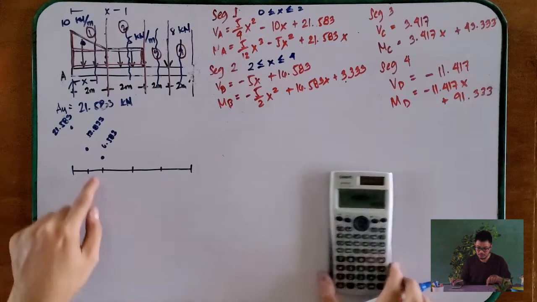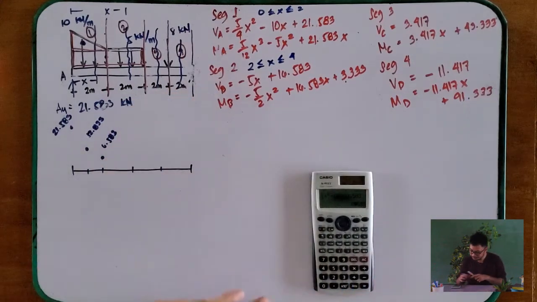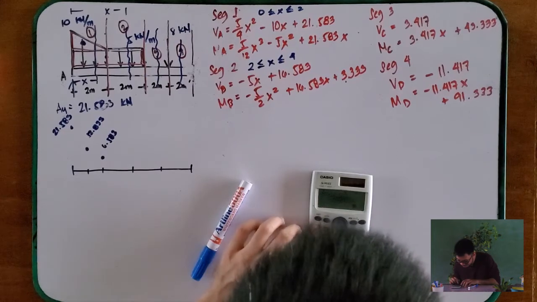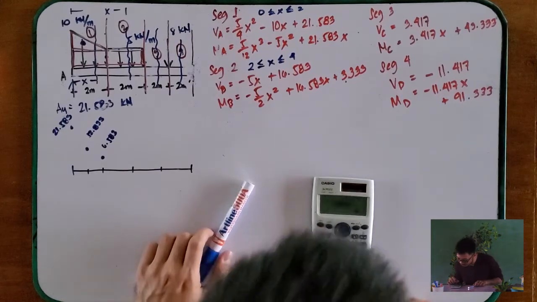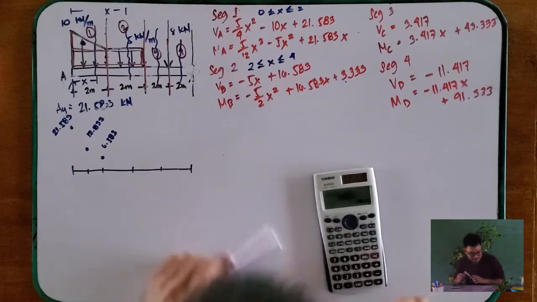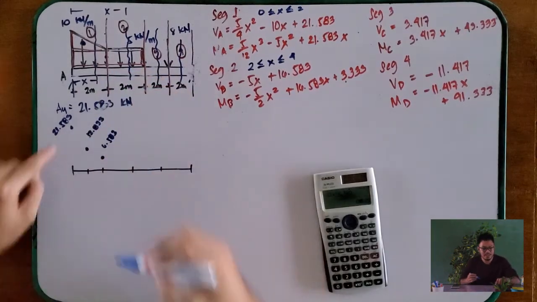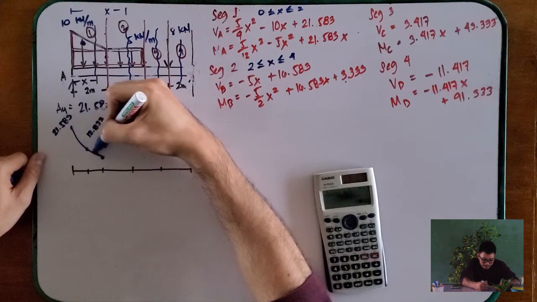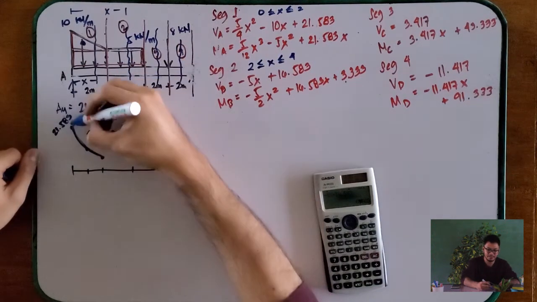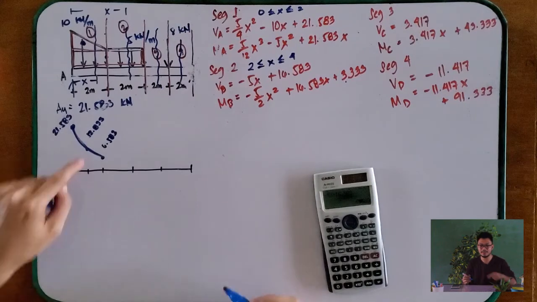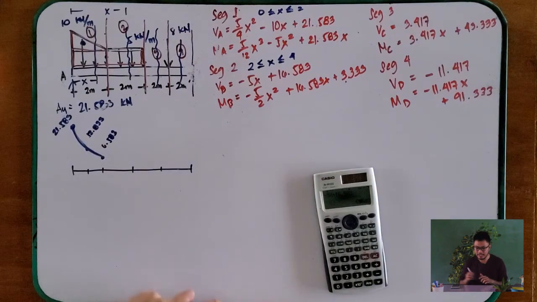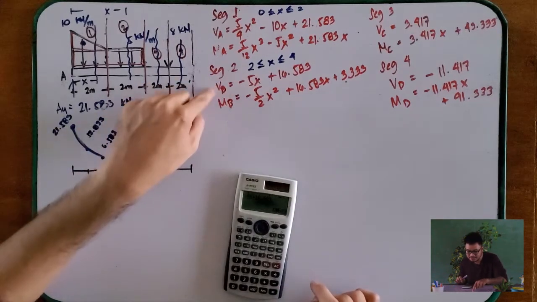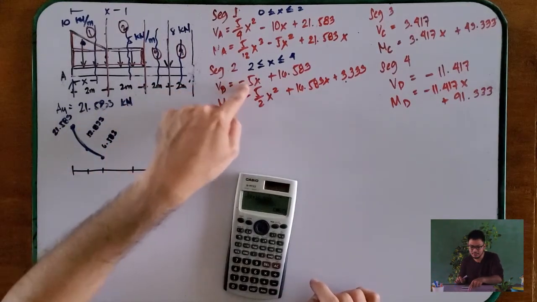Now we proceed to the next equation. If your x is equal to 2, what will be the value? That is still 6.583. As you can see, the first segment is parabolic, curved.